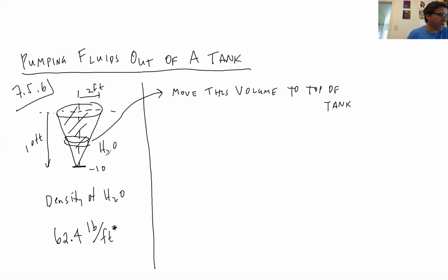And we're going to have to move every single one. So we chop this into a bunch of little cylinders, and we're going to have to move that a certain distance up.